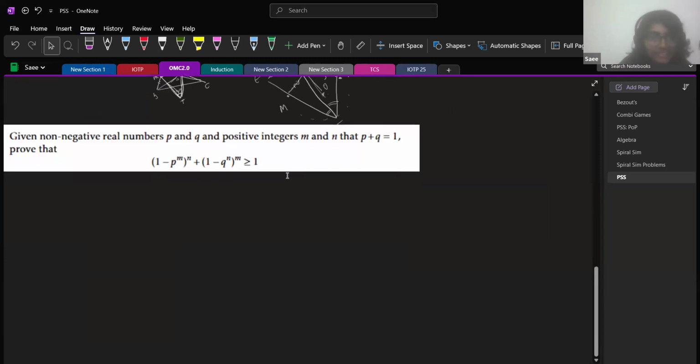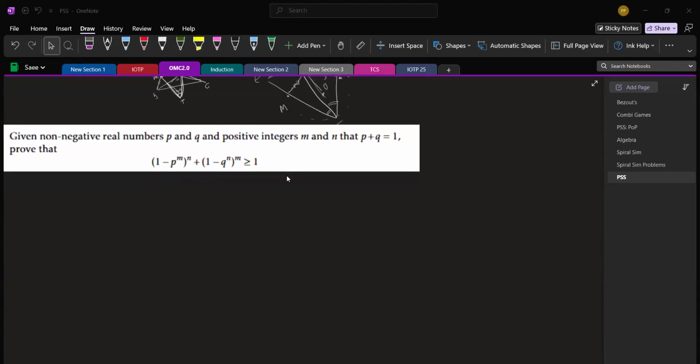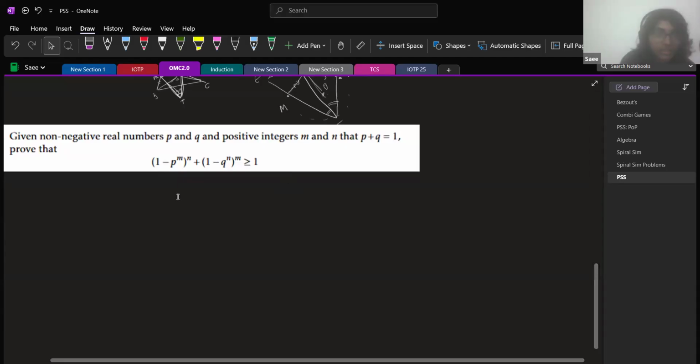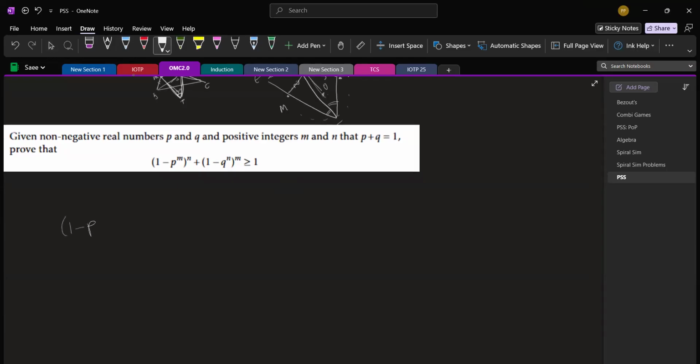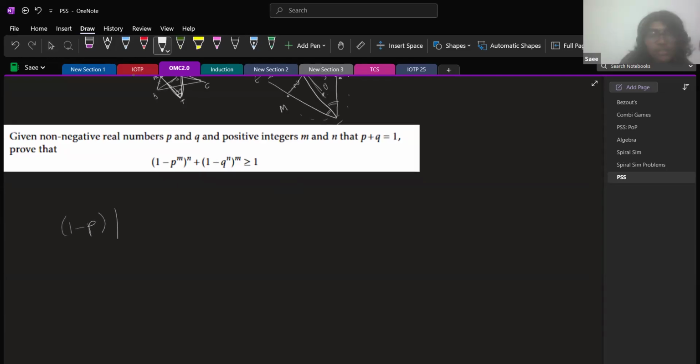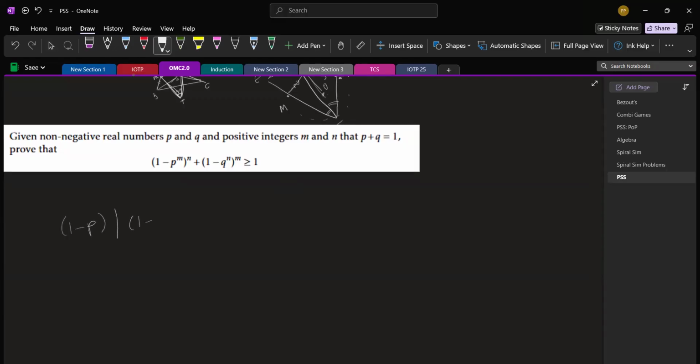Any ideas about what we could do? 1 minus p divides 1 minus p to the power m. Oh wait, interesting. Is that true? How would you work with divides here, because now p is a real number? 1 minus p into something is 1 minus p to the power m.